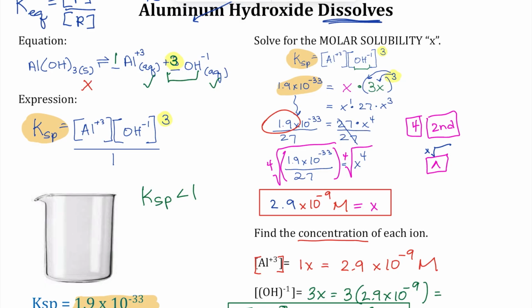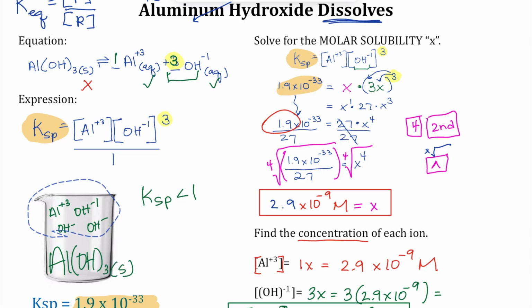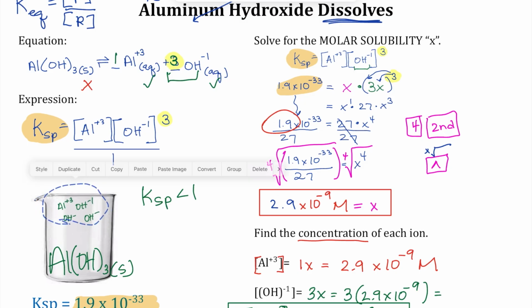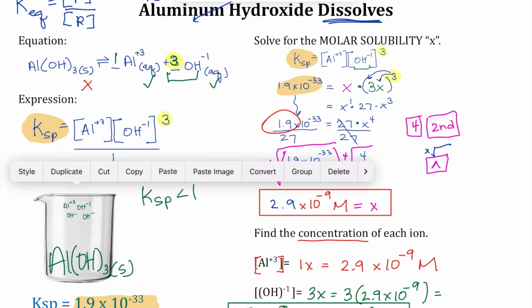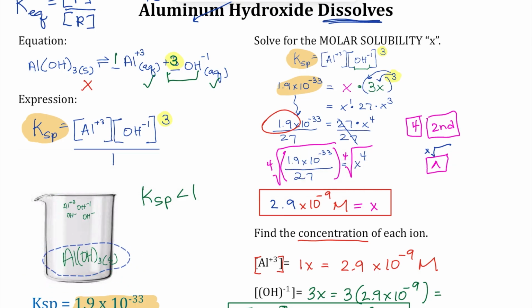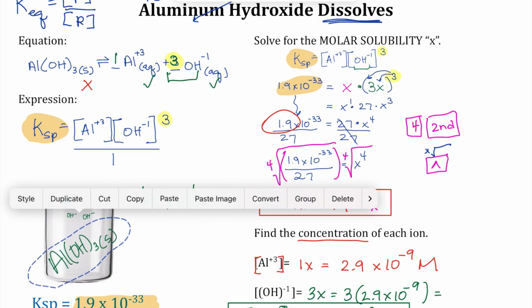This is slightly soluble. And so for all of these, we should expect that we only have a little bit of dissolved ions, or a small amount, and then we have a lot more of that aluminum hydroxide solid. So slightly soluble, meaning only a little bit is going to dissolve. Most of that is going to be in that solid form.